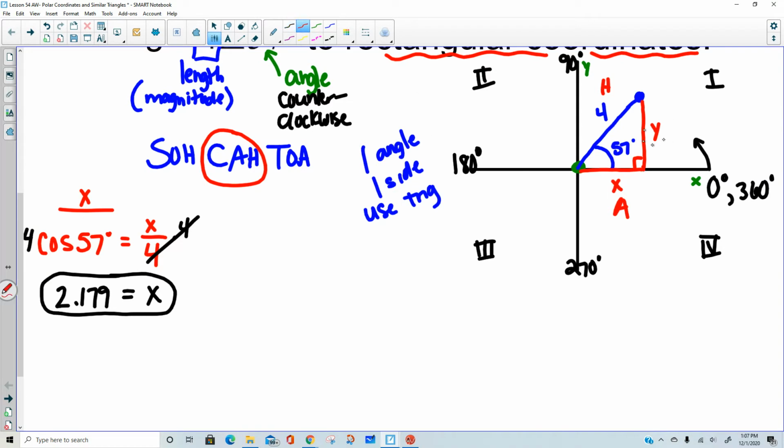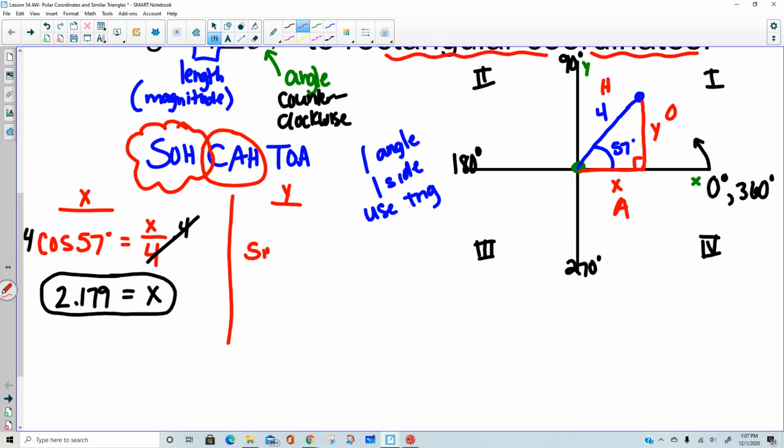Now let's do the same thing to find Y. Well, y, with respect to my angle, is the opposite side. So I know the opposite side and the hypotenuse, which tells me I'm going to use the sine ratio.